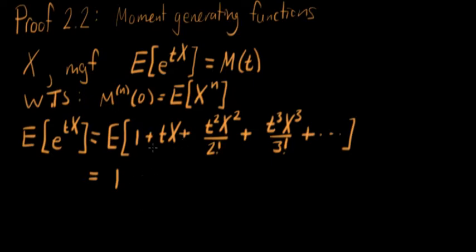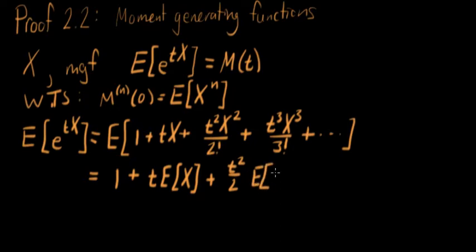And then we get plus t times the expected value of x plus t squared over 2 times, well, what's that, the second moment of x plus dot dot dot. Right, so that is just another way to write our moment generating function.